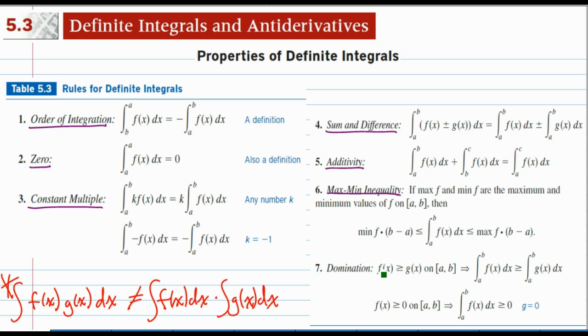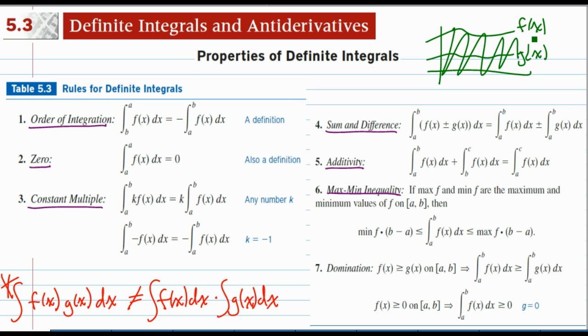Now this concept, number 7, may seem just a little bit logical to you, but if the function f of x is always greater than g of x, so always higher, the y values are always bigger, that means the area under the curve of f of x is always bigger than the area under the curve of g of x. So if you have f of x here and g of x here, isn't the area under this curve going to be a lot bigger than just the area under this curve?